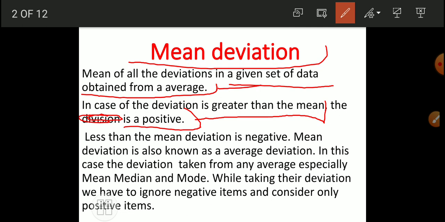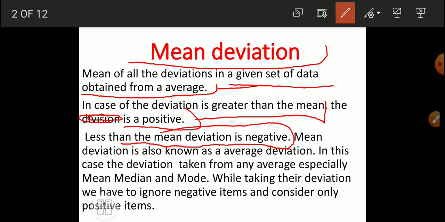If the deviation is lesser than the mean, then the deviation is negative.